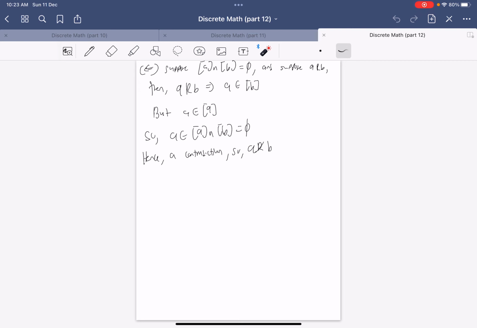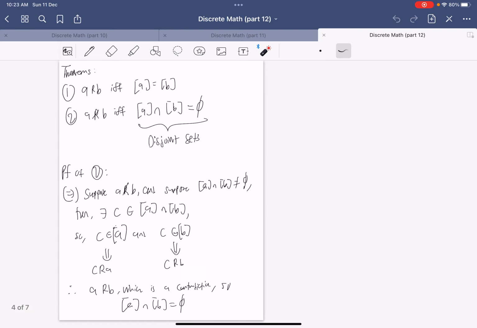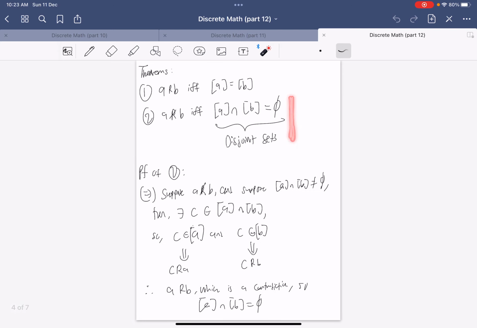This leads to a contradiction, and hence A is not related to B. You can see how the disjoint fact comes in and how this equality helps us prove things about relations, and we must be able to switch between the two when the context arises.